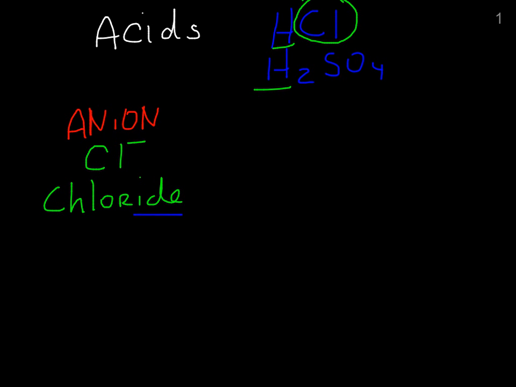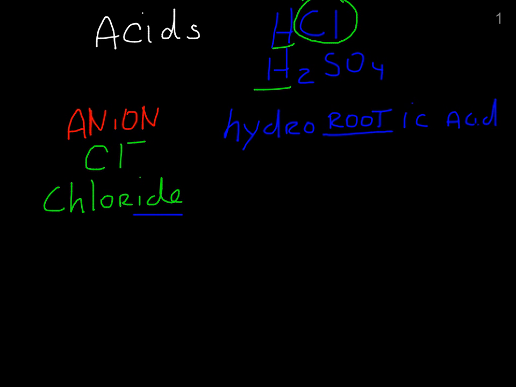If the anion that makes up the acid ends in an IDE, then the acid that comes out of it will be named hydro, the root, which comes from the anion that is used, ic acid. So in this case, chloride was the anion.